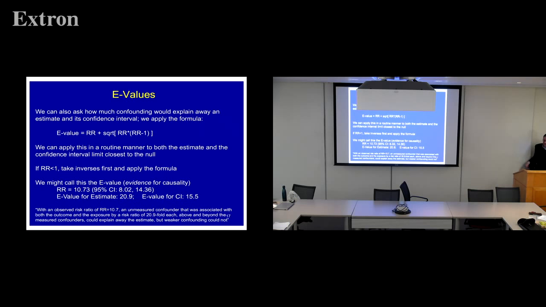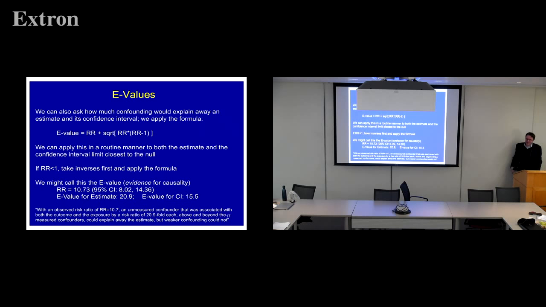Chris, I understand what you're saying. I wonder if you could give us intuition. If one of these values is just a little below your E-value, and the other is wildly higher than the E-value, the unobserved confounder cannot explain it away?